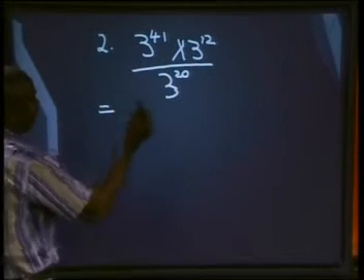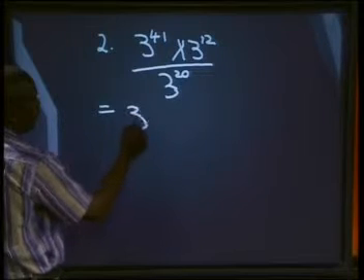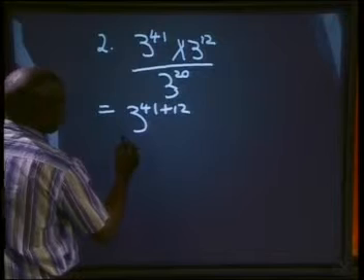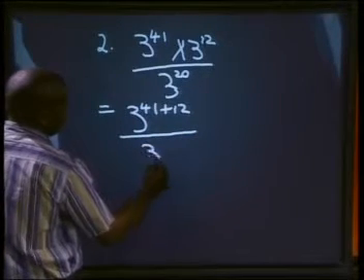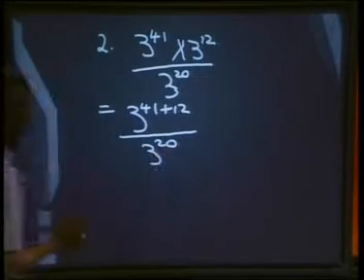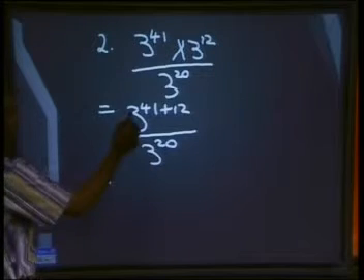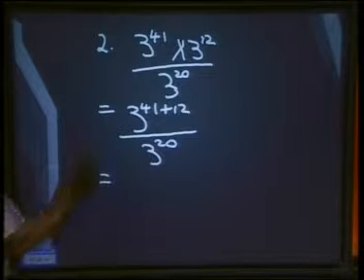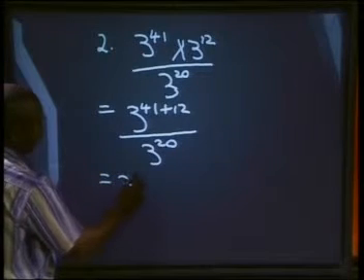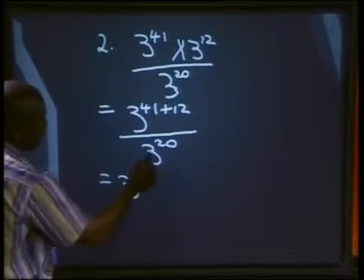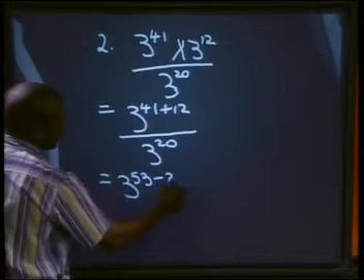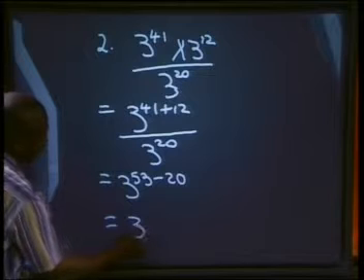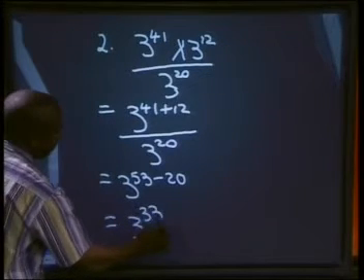So there again, apply your first law, 3 to the power of 41 plus 12 divided by 3 to the power of 20. If you add 41 plus 12, that gives us 53. So we'll have 3 to the power of 53. We take away 20. That will be equal to 3 to the power of 33.